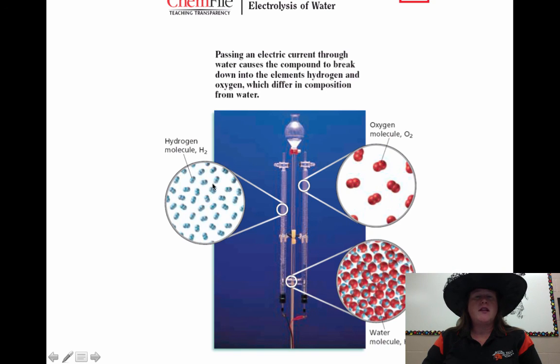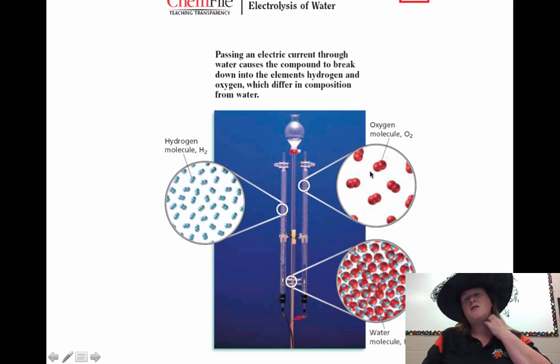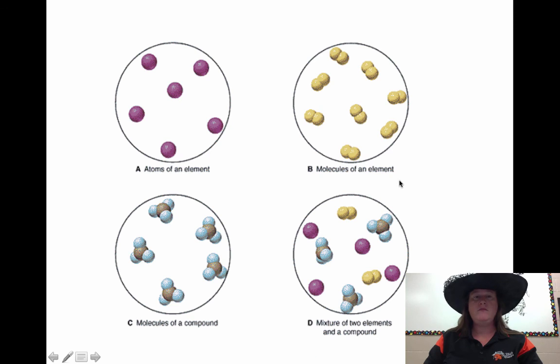So this is just another model showing different states of matter, liquid water molecules very close together. And when you run electricity through water, you break it down into hydrogen molecules, remember, it's diatomic, and oxygen molecules. They're both gases, lots of space between them. Again, looking at models of matter, these would all be gases.